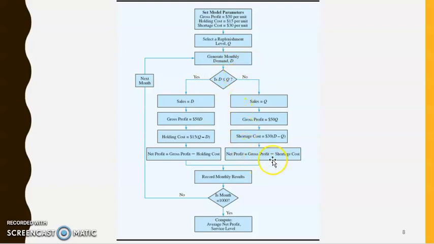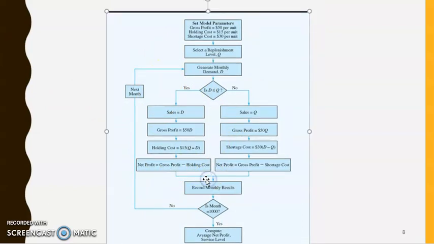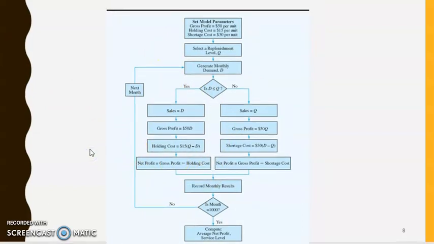So now you have calculated the monthly result, and it asks, is it month 1000? No. So go and do it for the next month and repeat this cycle 1000 times. So you come up with 1000 simulations, and after that you compute the average net profit, and that's it.